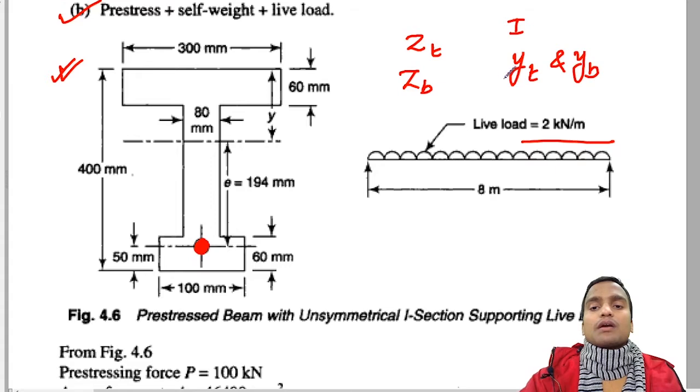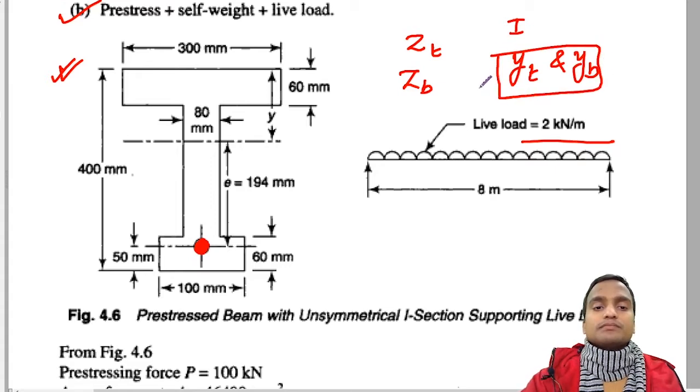How will YT and YB be calculated? They will be calculated from the centroid of this unsymmetrical I section. The centroid of this I section is not at the mid of the 400 mm depth. It will not be equal to 200 mm.